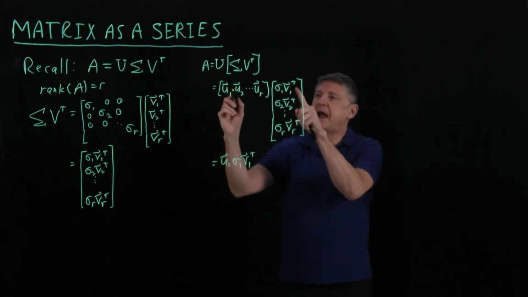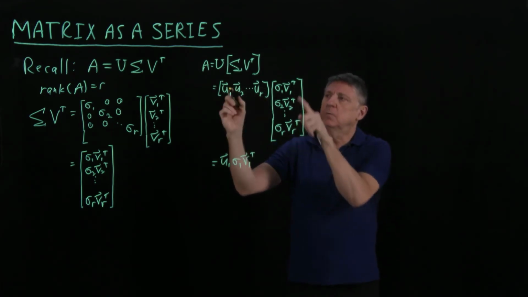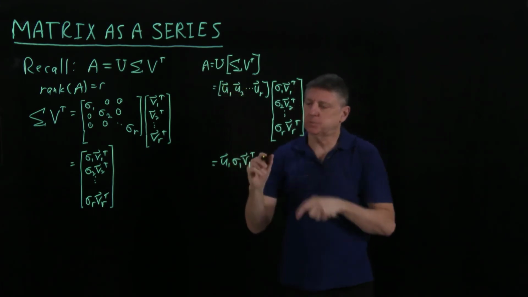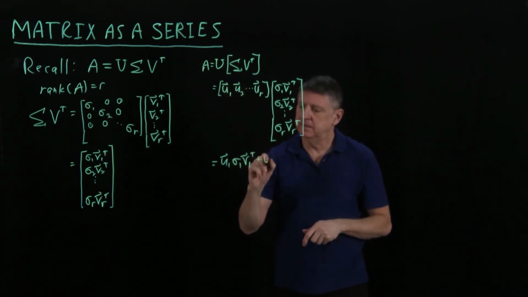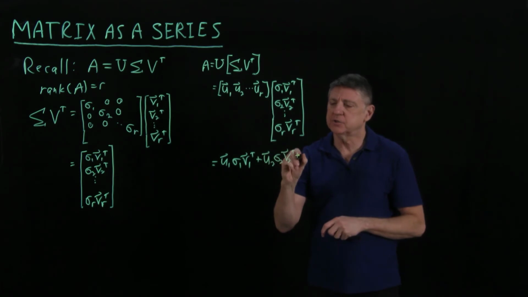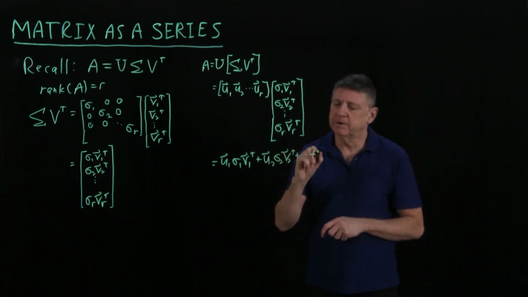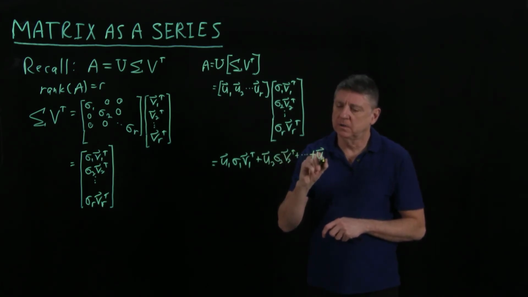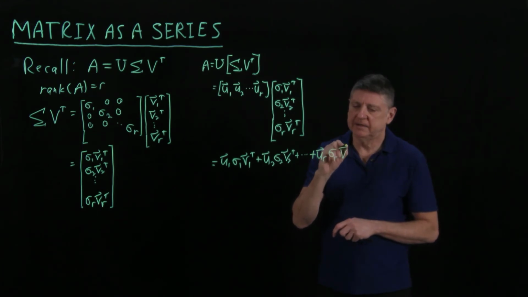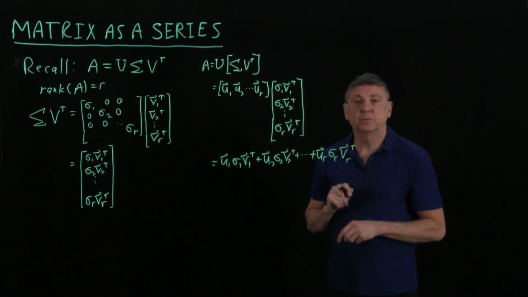Then as we continue, we take this product and add the next product, U2 sigma 2 V2 transpose, and so on until we've represented all of the relevant U vectors, sigma values, and transposes of the V vectors that are present.